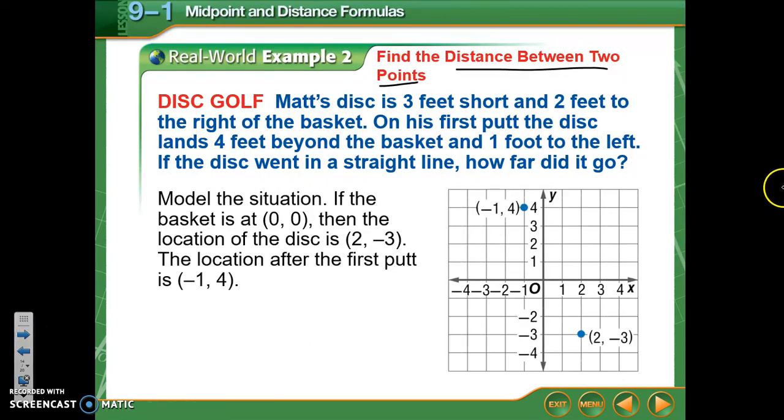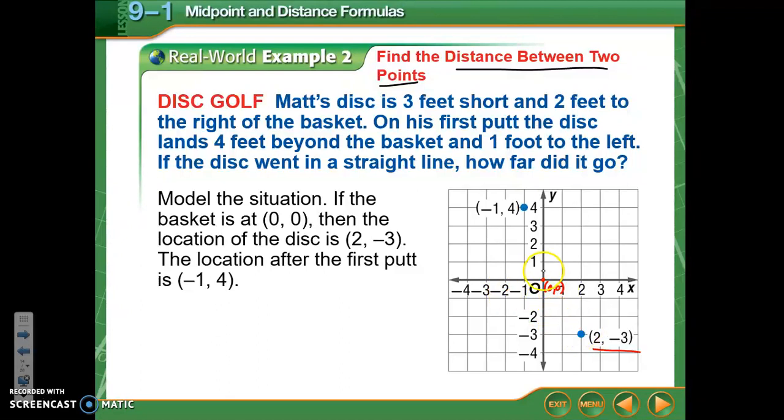So basically we're going to want to model this situation first so we can understand what's happening. Here we're just going to assume that our basket is at (0, 0) to make it easy to put on the coordinate plane. So based on that basket, he started 3 feet short and 2 feet to the right. So 3 feet down and 2 feet to the right, so the point (2, -3).